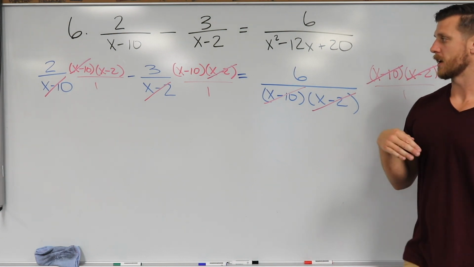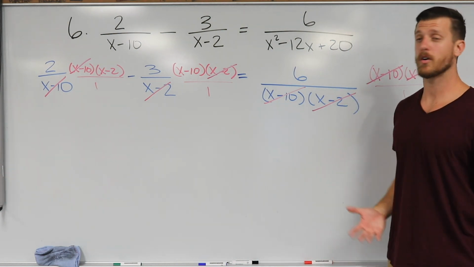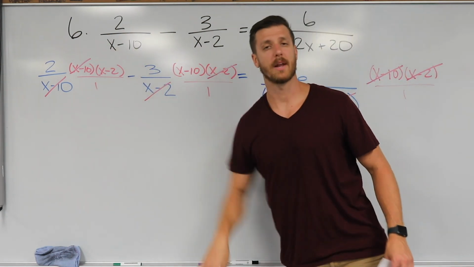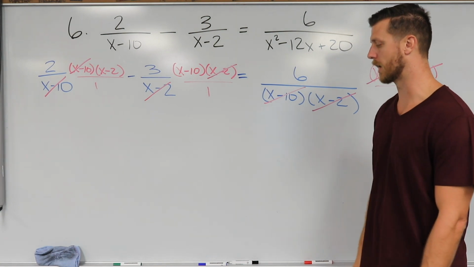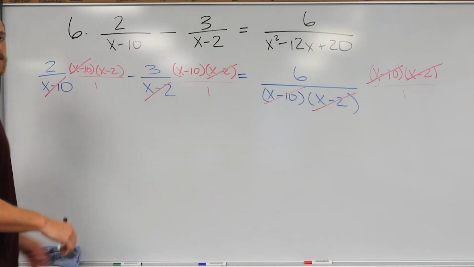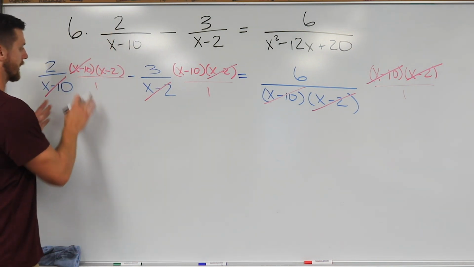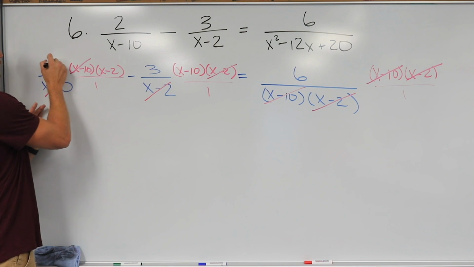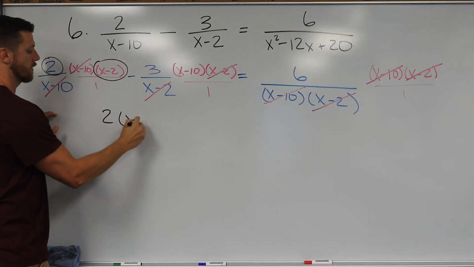So now that we're solving, the cool thing is we no longer have denominators. We still have to solve and move stuff around, but it's not as bad. I'm not going to do 2 steps at once here because that's going to get confusing. What am I left with? I canceled out the x minus 10 on this part. I'm left with 2 times (x minus 2).